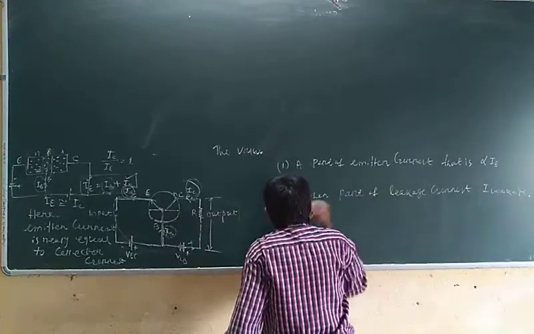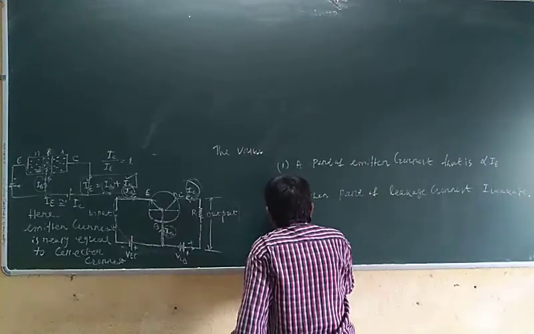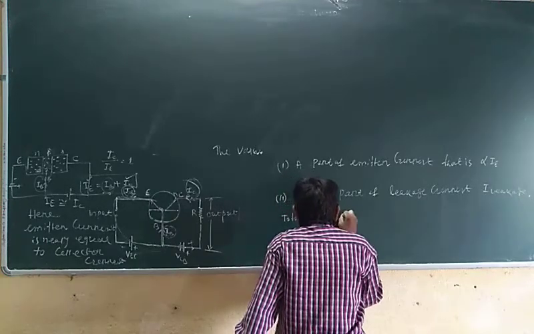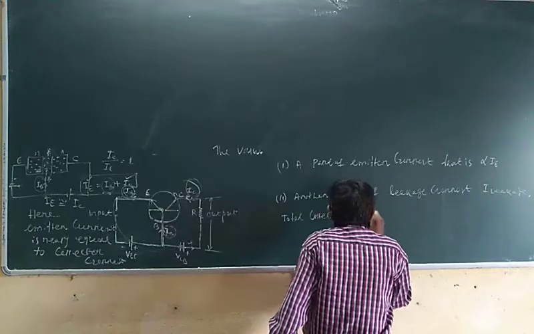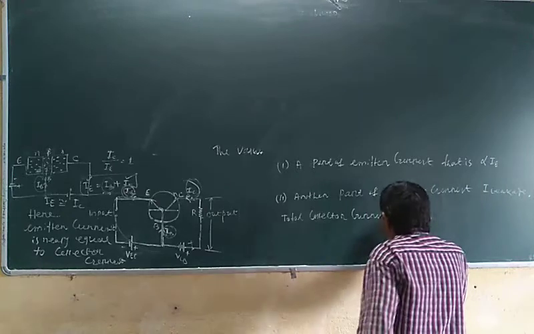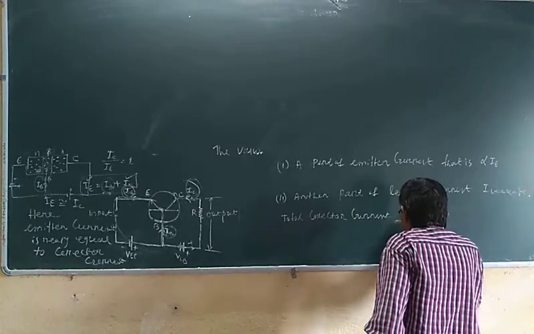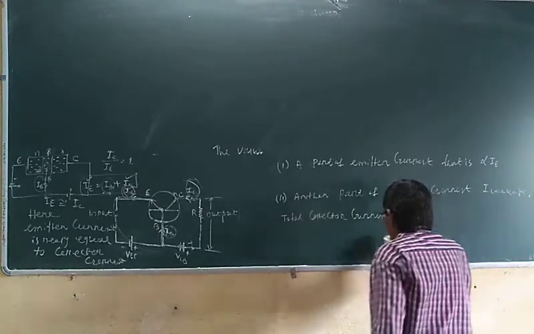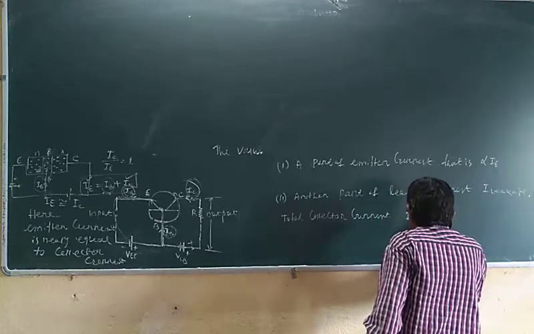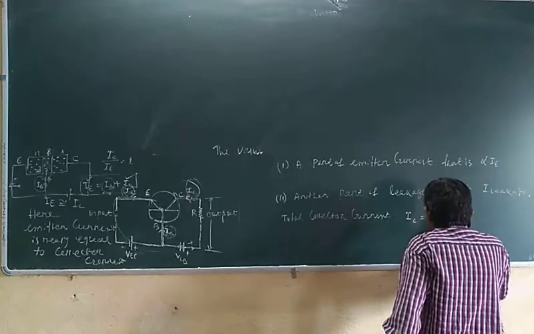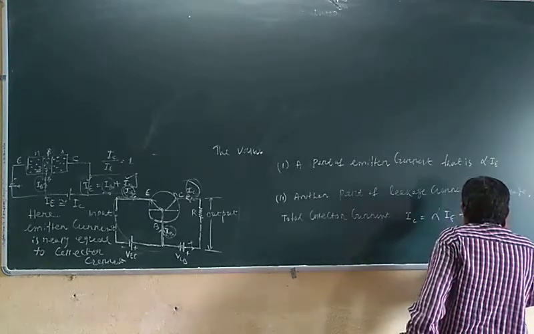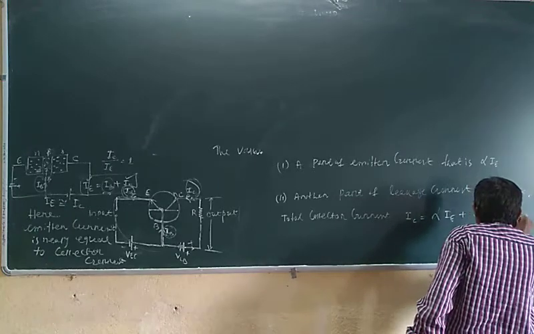Now we write the total collector current IC equal to alpha IE plus I leakage.